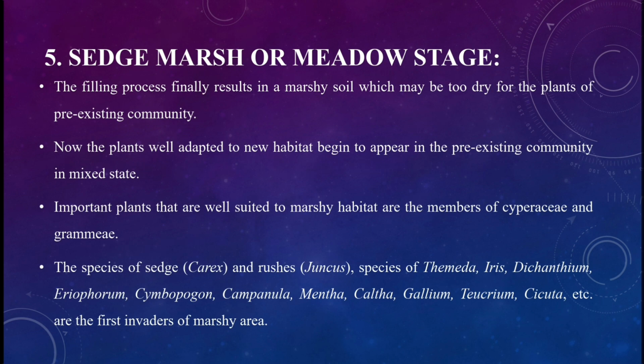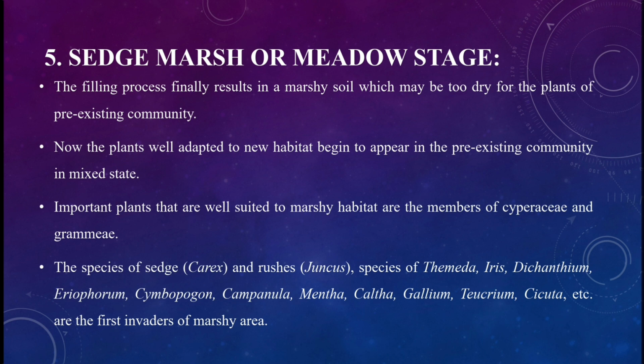Next, sedge marsh or sedge meadow stage. The filling process finally results in marshy soil, which may be too dry for the plants of the pre-existing community. Now the plants well adapted to the new habitat begin to appear in the pre-existing community in a mixed stage.